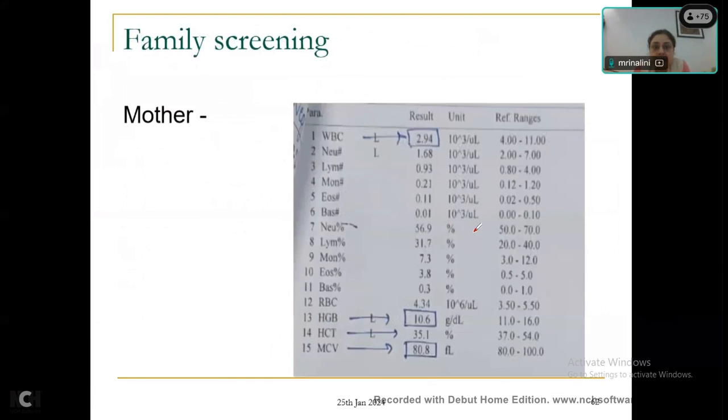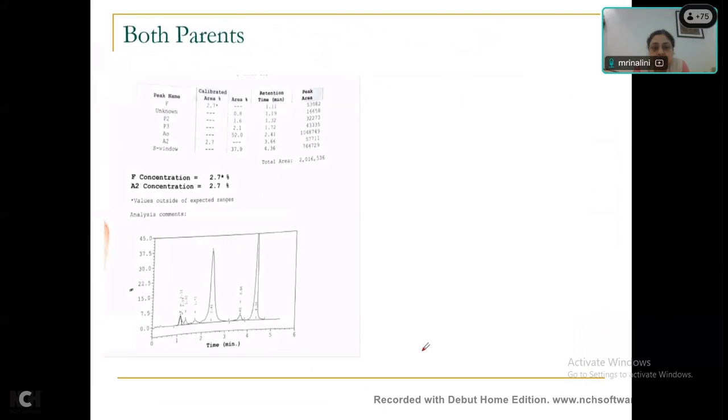So this is the CBC of the mother, which is showing a normocytic normochromic anemia. And this is the HPLC. If you just look at the percentages, you cannot make a diagnosis. Looking at the graph, there is a peak at 4.36 retention time in the S window, and it is 37.9%. So now what is the diagnosis?